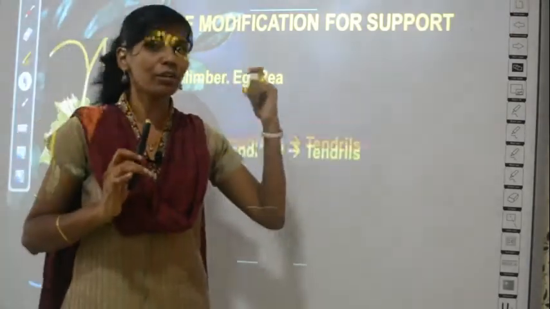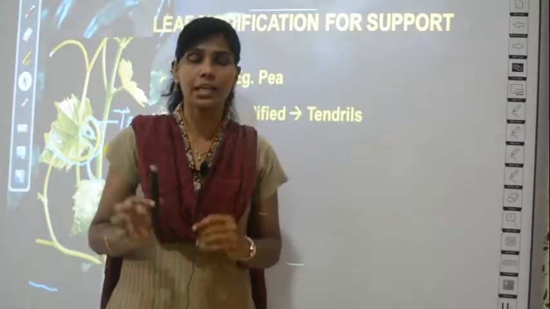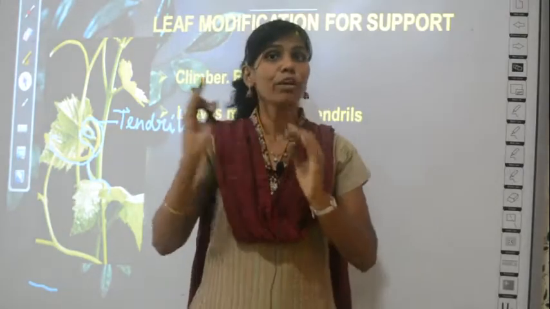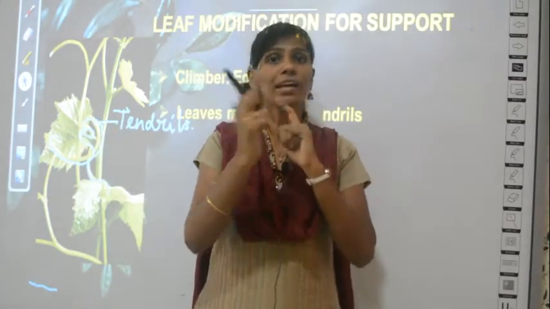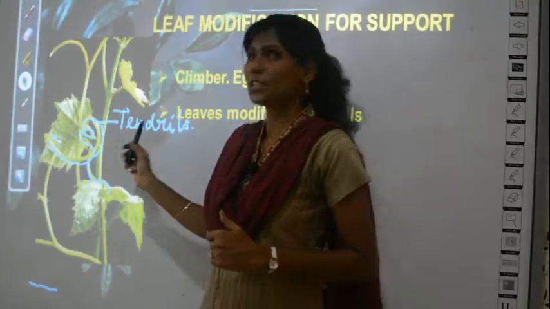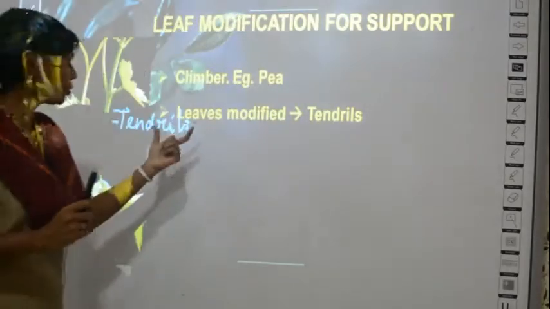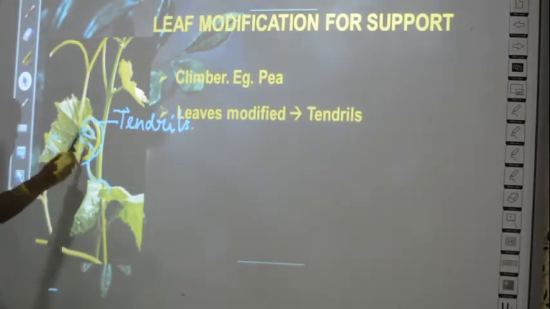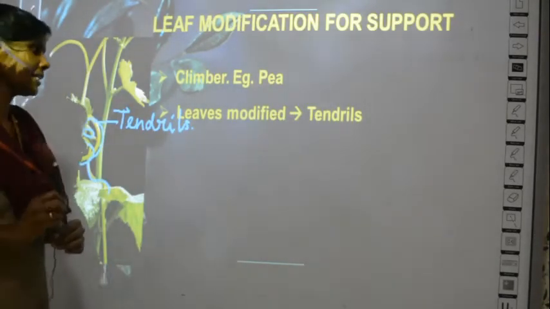That's why the topic of our lesson is modification in leaves. This is not any thread or extra structure. The leaf of the plant has been modified like a thread, and that thread is called tendrils. So the leaves are modified into tendrils. These coiled rope-like structures are modified leaves.